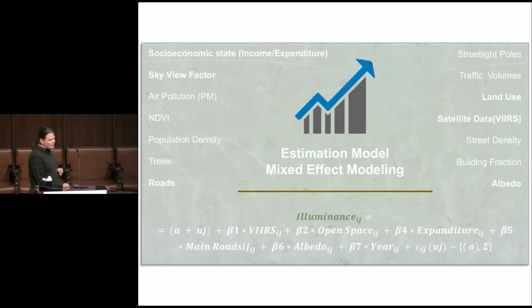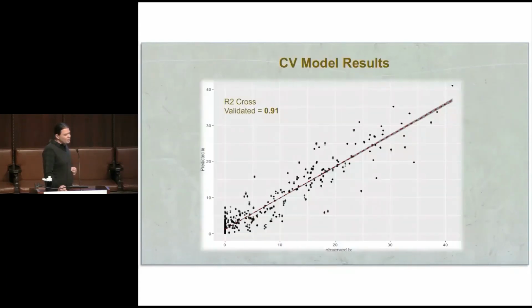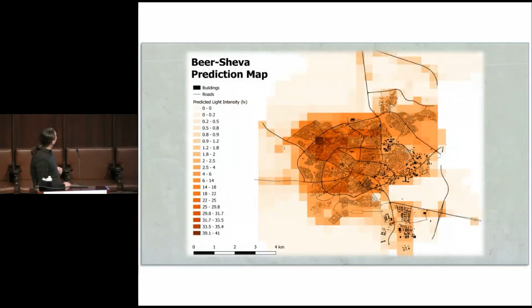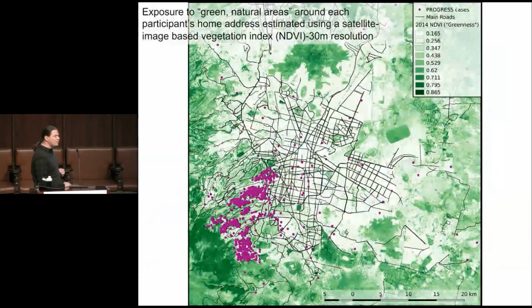Again, we're using land use regression methodologies, bringing in a lot of predictors having to do with building geometries, and different spatial and temporal predictors. And this is initial results of cross-validated fits of the model and the model outputs around Beersheba in Israel.